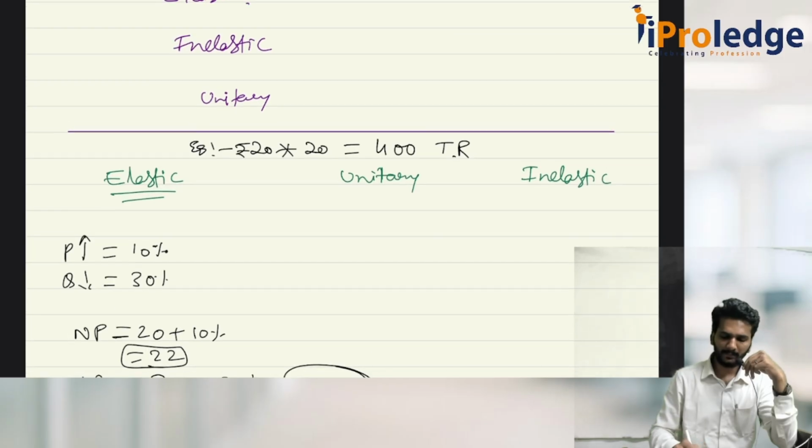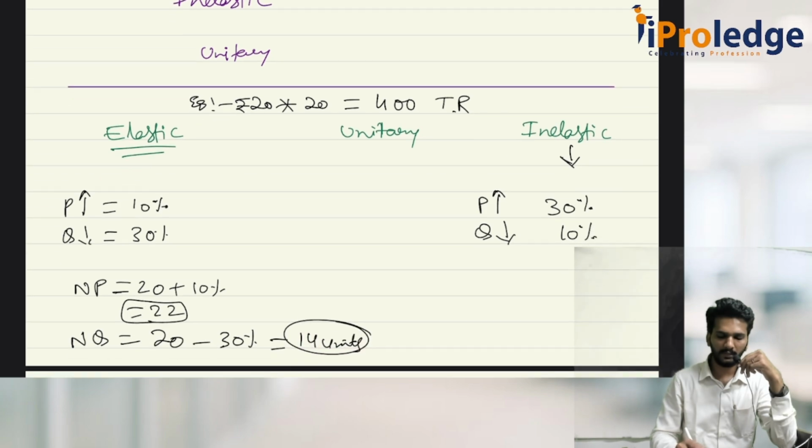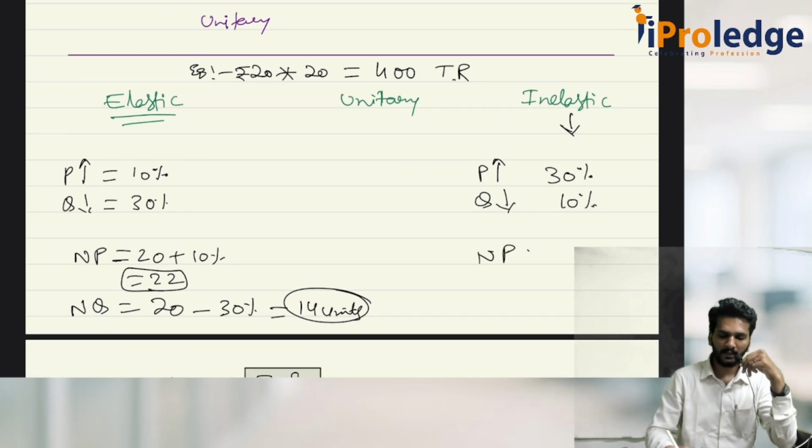Now if you take an example of inelastic, again taking the price increased part, the price increased by 30%, the quantity decreased by only 10%. That means new price is equal to 26, the new quantity is equal to 18.